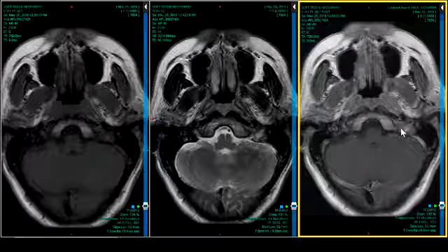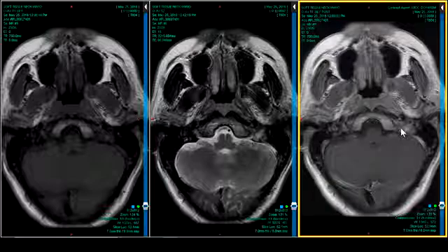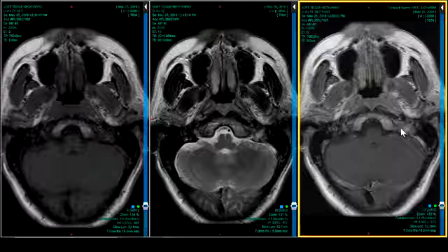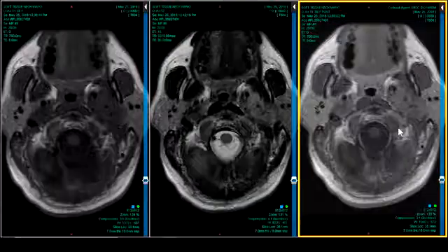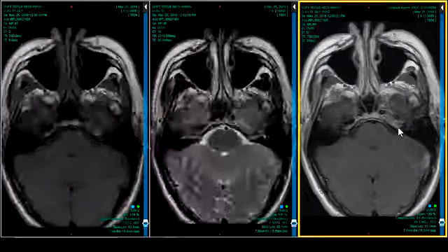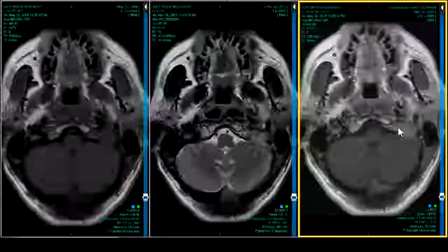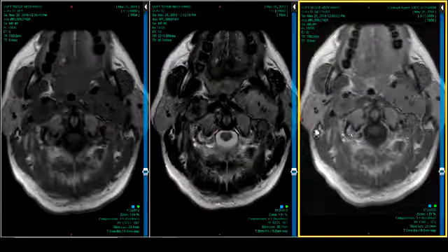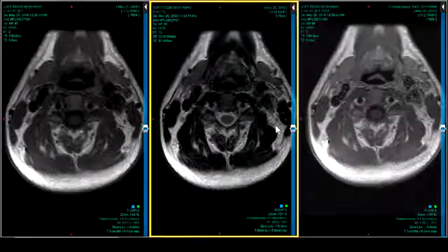And now you have to consider multiple endocrine adenomatosis syndrome, right? Because you got multiple glomus tumors, you got a chemodectoma. So then what do you do? Well, of course, you continue your search throughout the rest of the brain. You cover the rest of the head and neck, and you're kind of done, right?